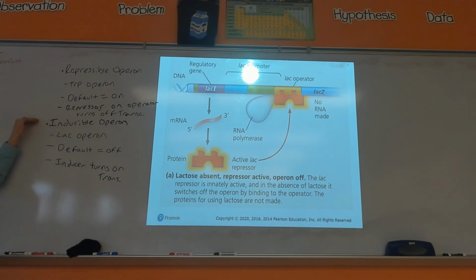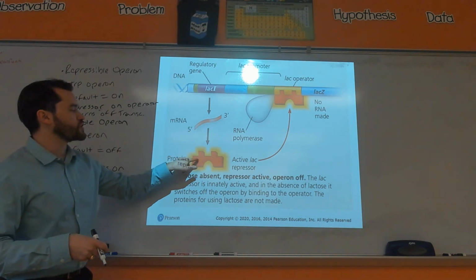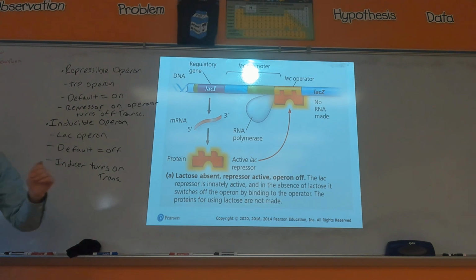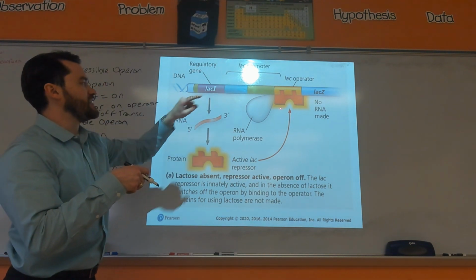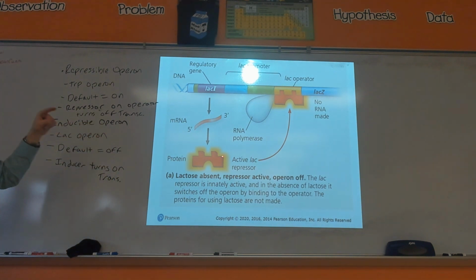So, an inducible operon, like the lac operon, its default is off. Why would it be on? That's a waste of energy, a waste of resources to keep these genes idling. You only want to turn them on whenever you have lactose present. So in other words, here the repressor's default is that it's bound.